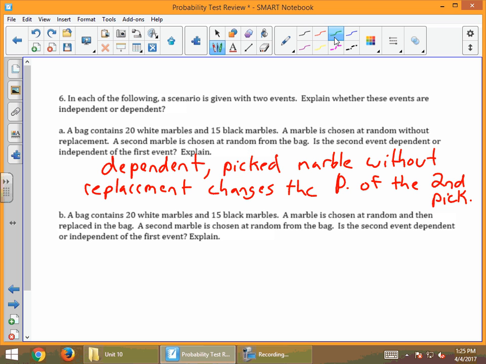Is the second event dependent or independent? Why? Because it got placed back.